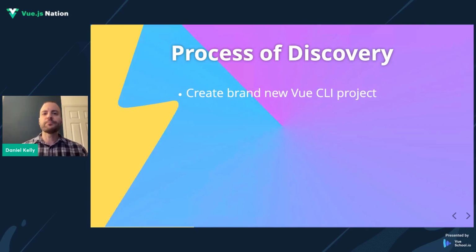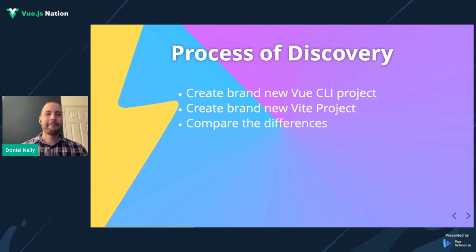I added Vue Router, and so on and so forth. And then I created a brand new project with Vite. This is accomplished by typing in npm init vite@latest. And then here's the kicker. Here's where the magic happened. I compared the differences between the two.